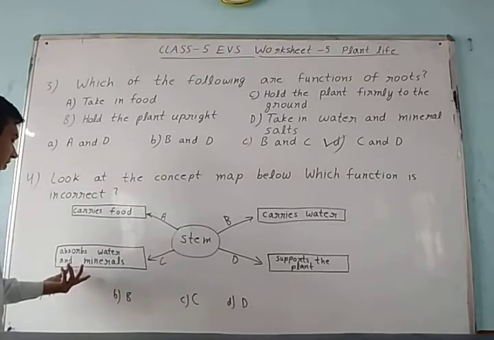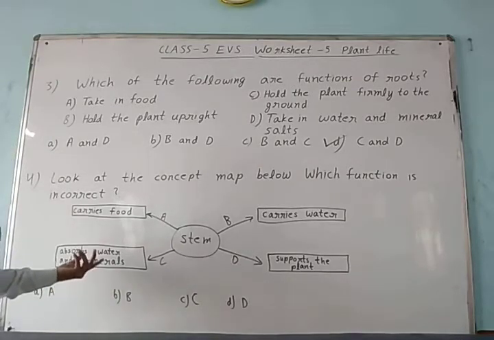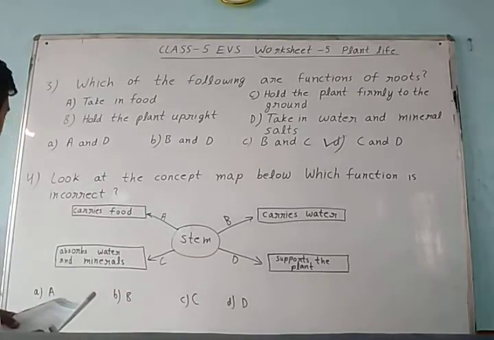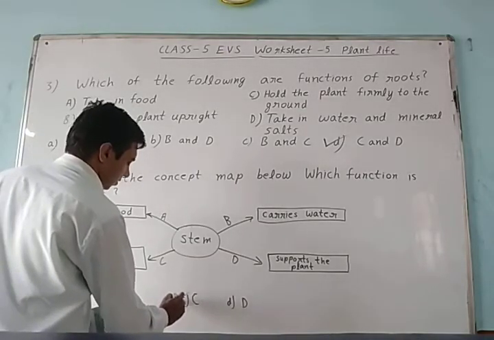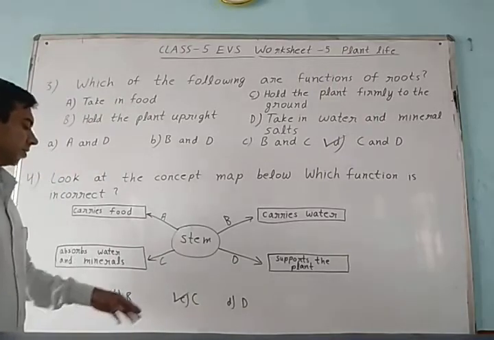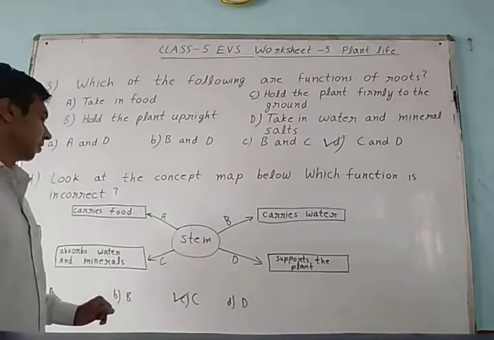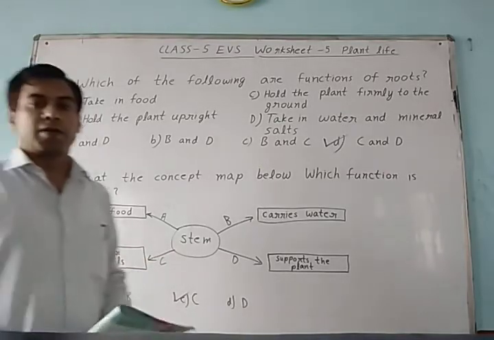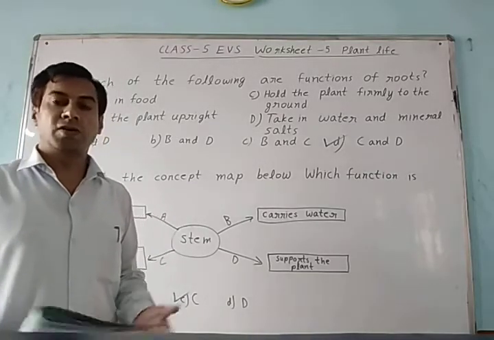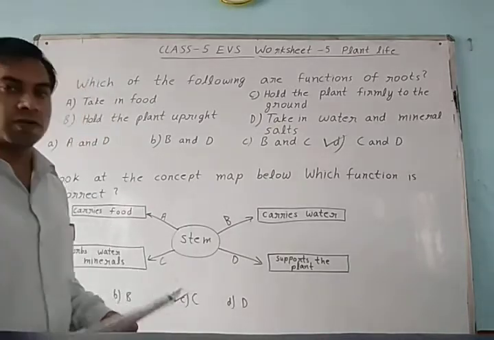Absorbing water and minerals is the incorrect function. So option C is incorrect because the stem does not absorb water and minerals. Water and minerals are absorbed by roots. Clear, students?